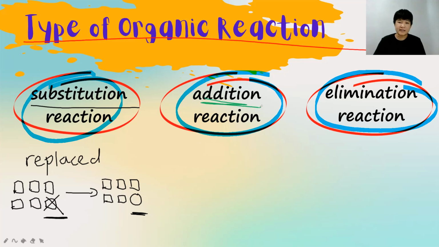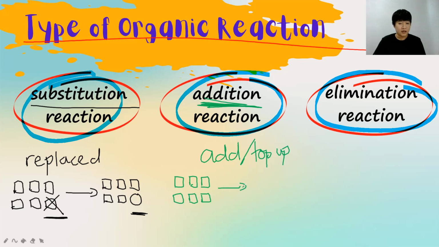How about addition? What is meant by addition? Addition means you add in, you top up. You add extra. In other words, if I have 6 squares from the beginning and I want to add a circle, I only add. I do not need to remove anything. I will still have the 6 squares in there, and what I do is add a circle.